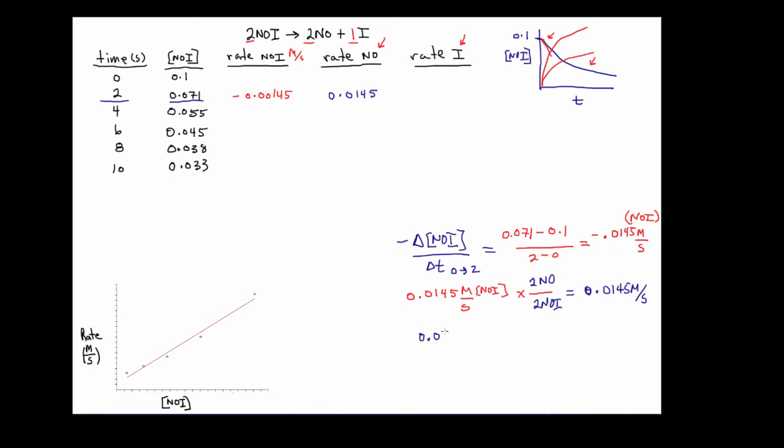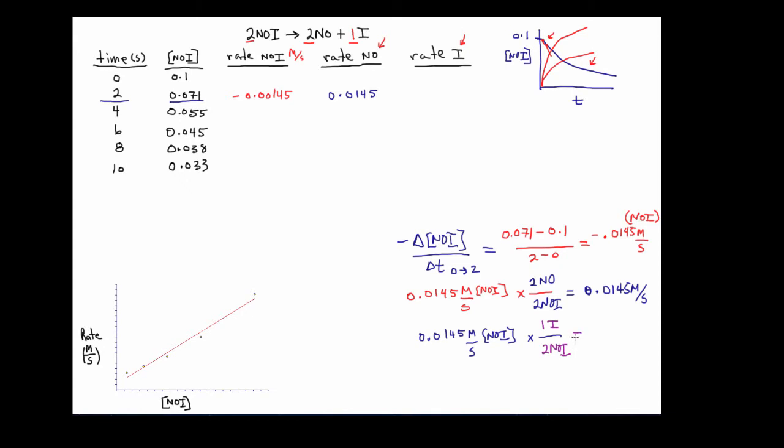Similarly, I set up a similar kind of equation to find the I. All right, and I'll put my label in again because this is our reference rate, right? This is what we were given the data for, the NOI. And now I'm going to solve for the I. And we have 1 I for every 2 NOIs.